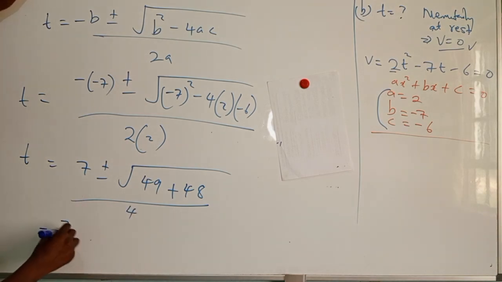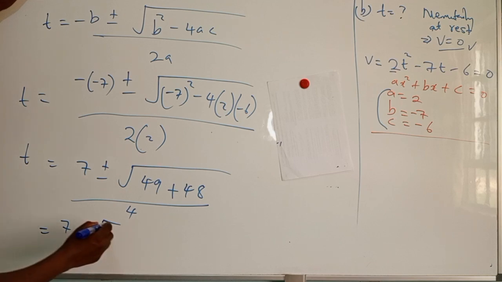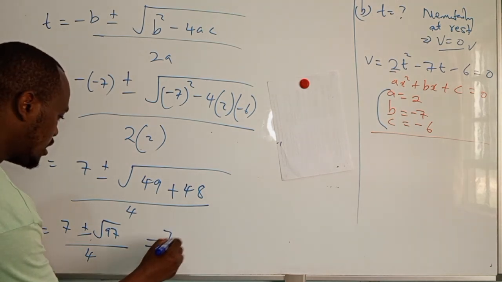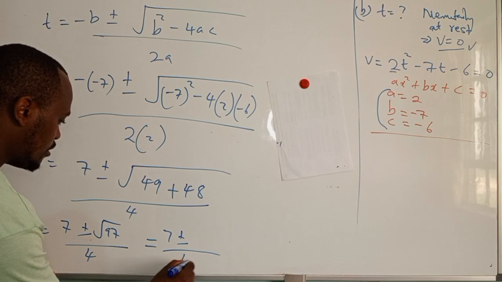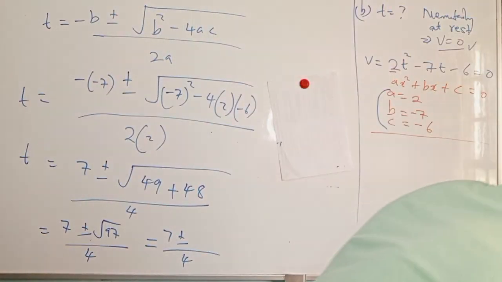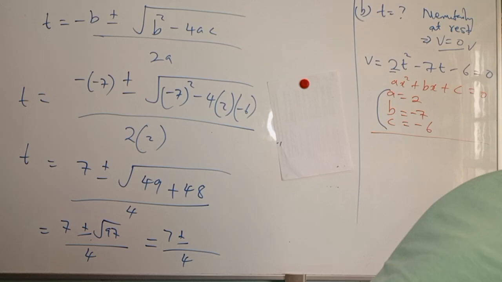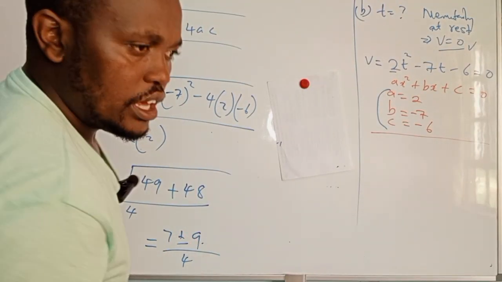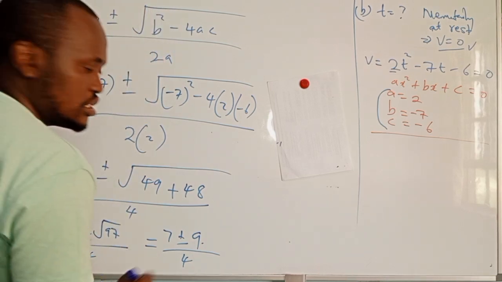Therefore, here you have 7 plus or minus the square root of 97 over 4. So this is why this answer had fractions. The square root of 97 is 9.8488.